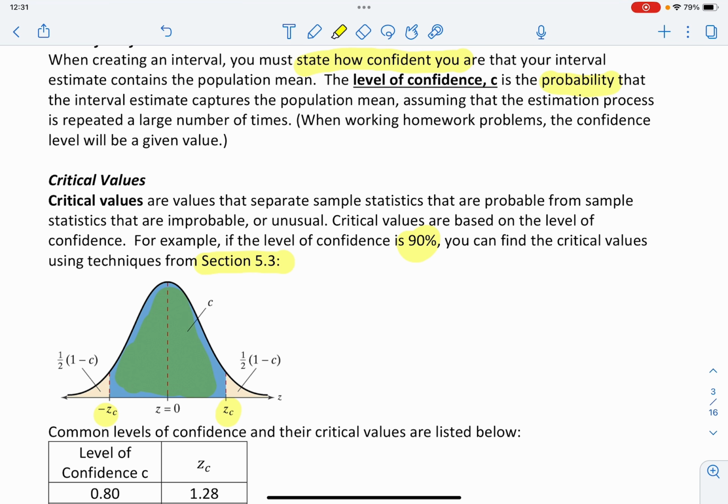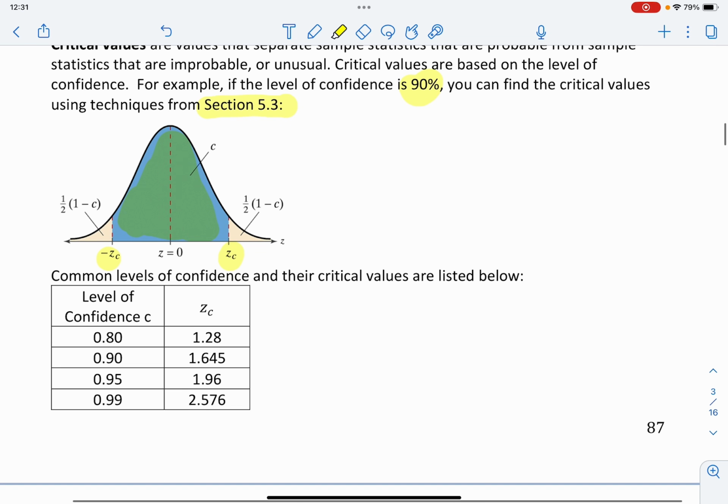Now, the nice thing is we'll use a lot of the same levels of confidence over and over, these four, right? So this little handy table will save us some time so we don't always have to recalculate these same four values. So use this to look up your critical values for those four, okay?